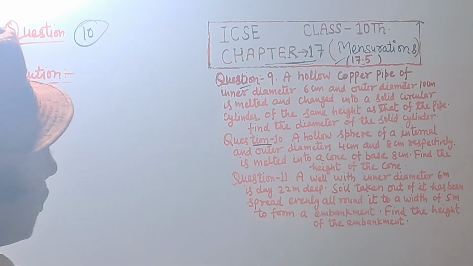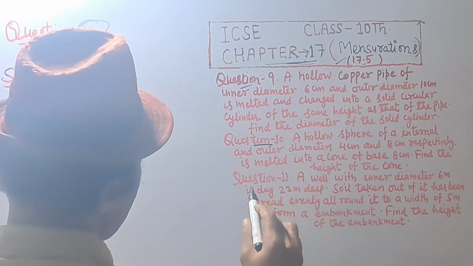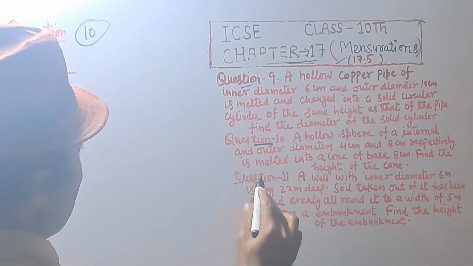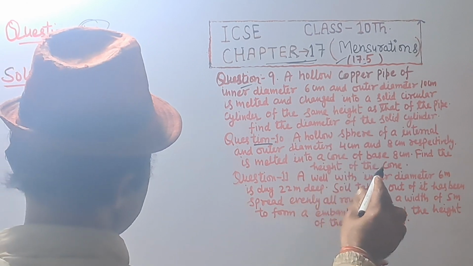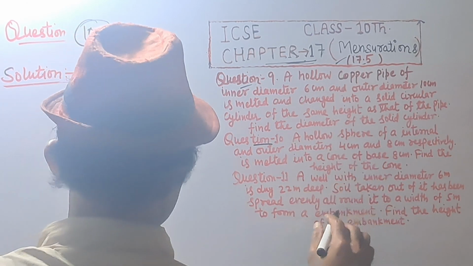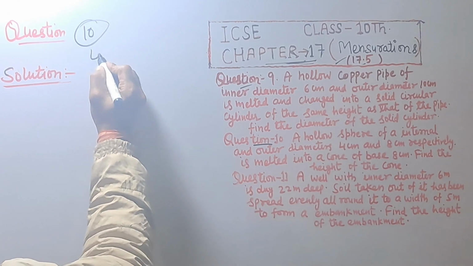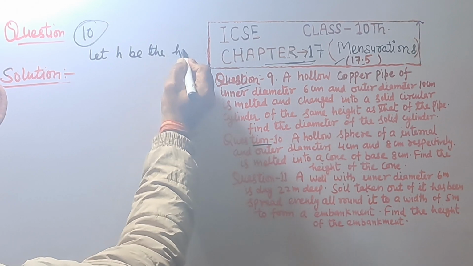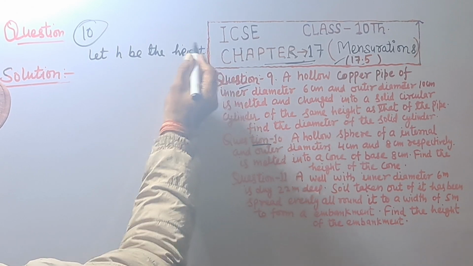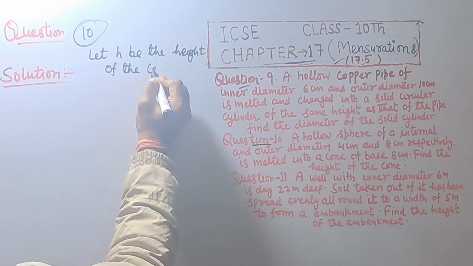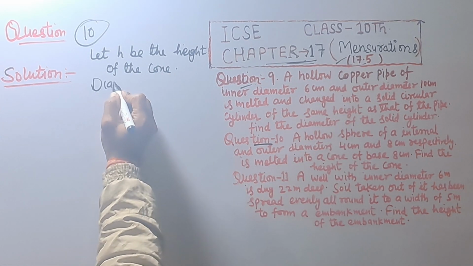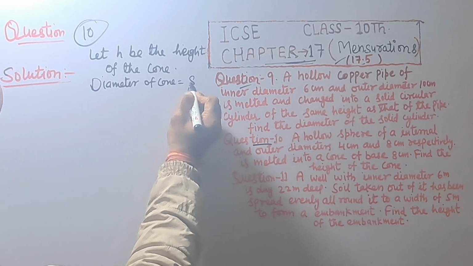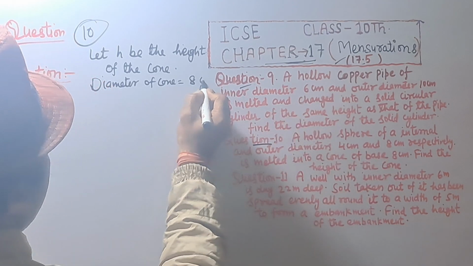Question number 10. A hollow sphere of internal and outer diameters 4 centimeter and 8 centimeter respectively is melted into a cone of base 8 centimeter. Find the height of the cone. Let h be the height of the cone. Diameter of cone is equal to 8 centimeter.